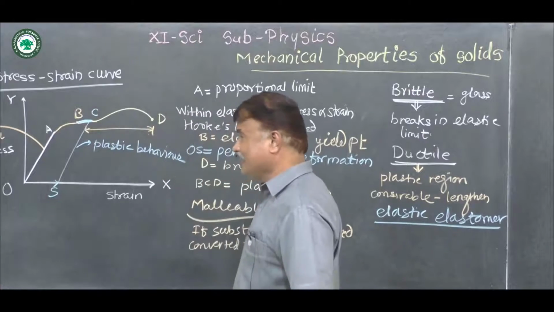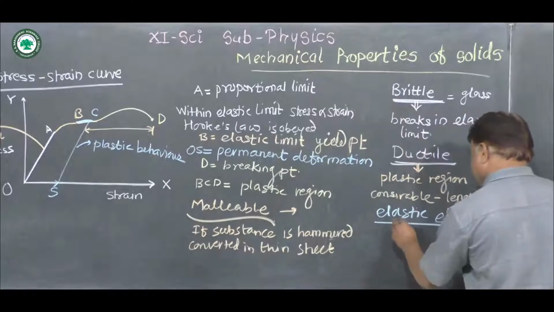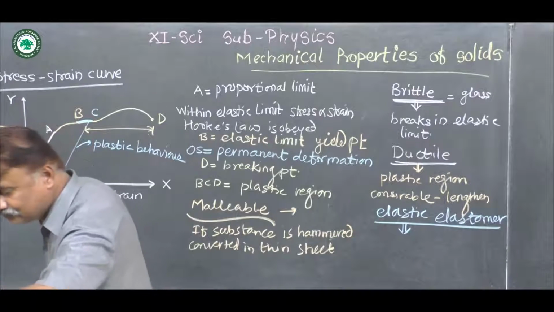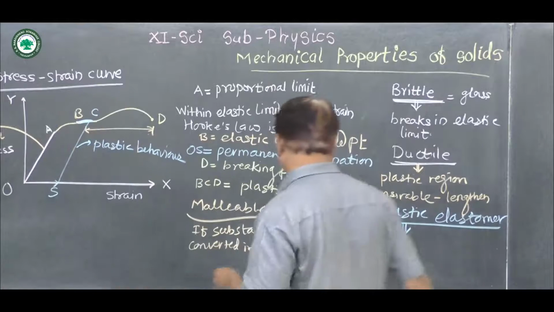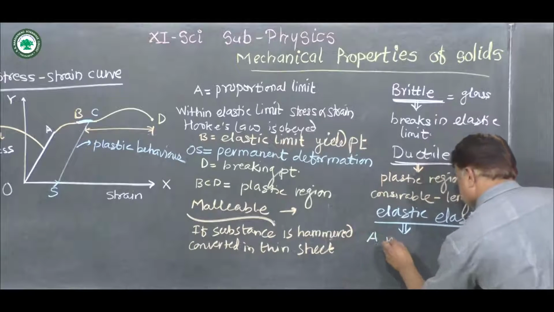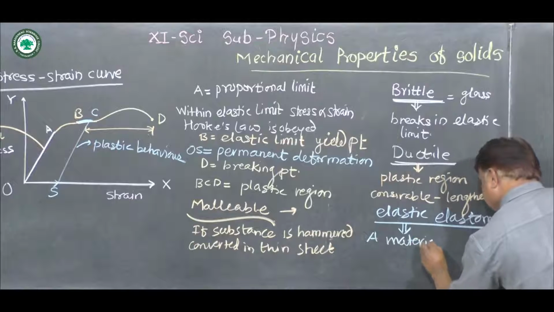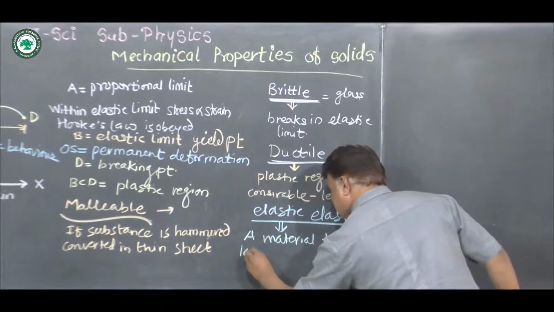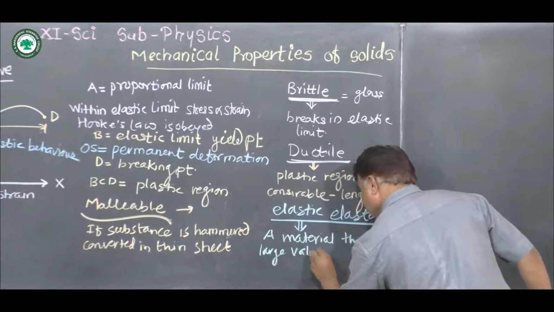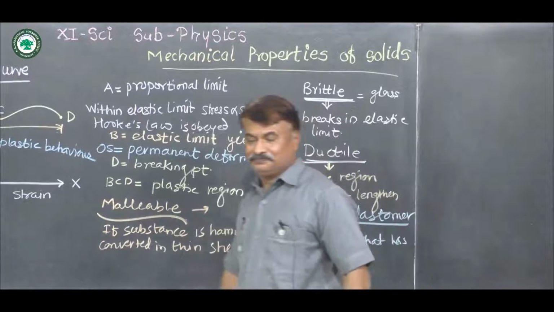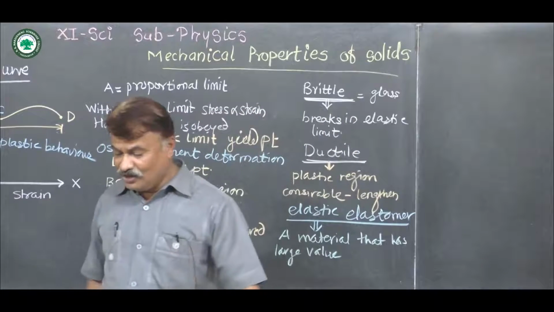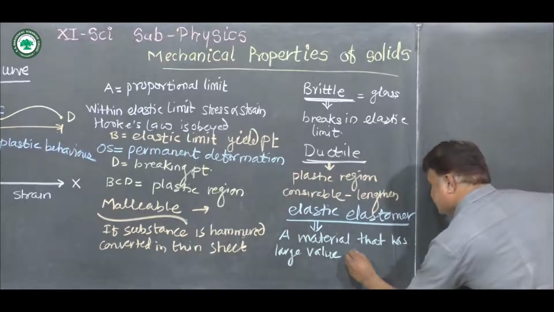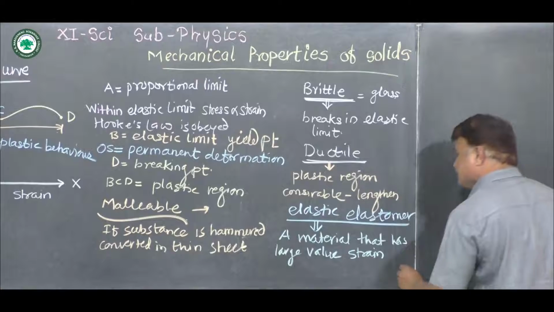So according to this, we can say that elastic elastomer means a material that has large value of strain. It is called as elastic elastomer.